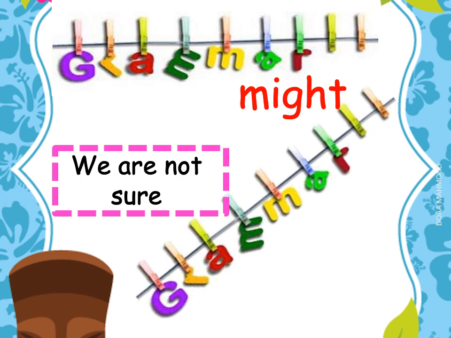For example, I might travel with my uncle next week, but I'm not sure if I will travel or not. So might means we are not sure about something.